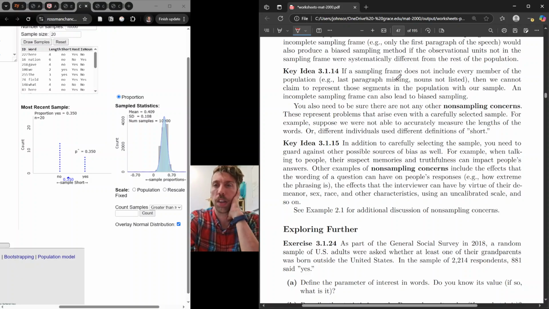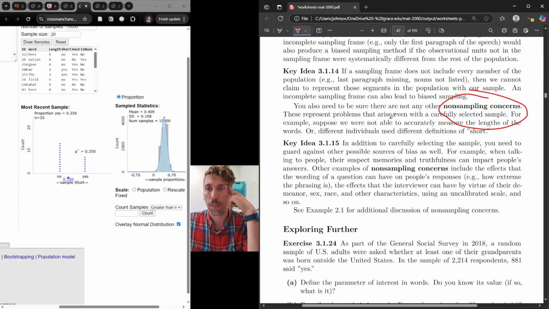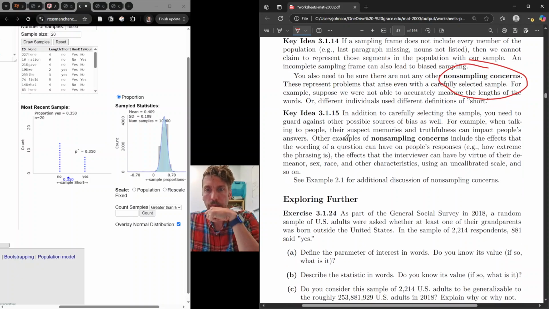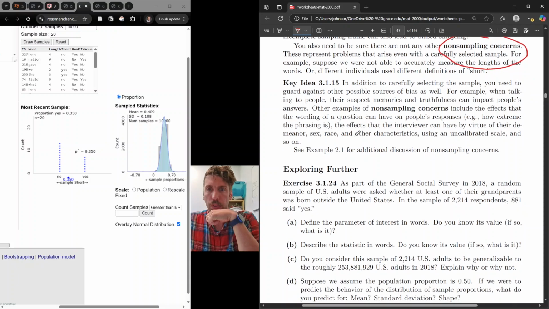So non-sampling concerns. Suppose we were not able to accurately measure the lengths of the words. So non-sampling concerns can be things like not being able to measure things accurately. So for instance, like the phrasing of a survey question, things like that.